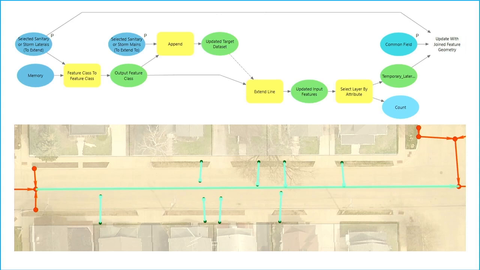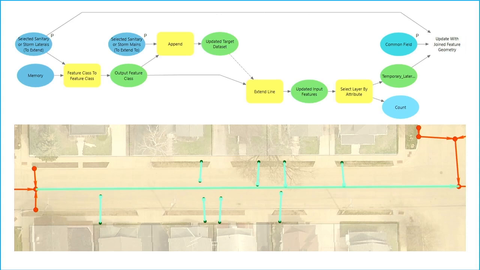extended to the mains as well. So here's an example of a tool that I use that says, allow me to select some laterals and a main that I want them to be extended to. You can do that extending manually one by one, or maybe you have some other rules or productivity tools at your disposal.